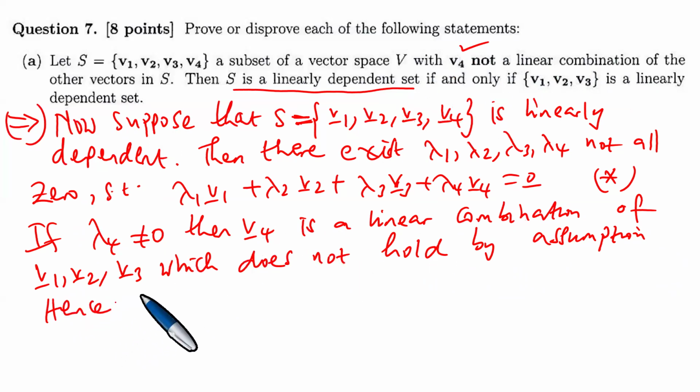If we want to make it a linear combination, then we're going against the hypothesis. Hence, lambda 4 must be 0. It follows.